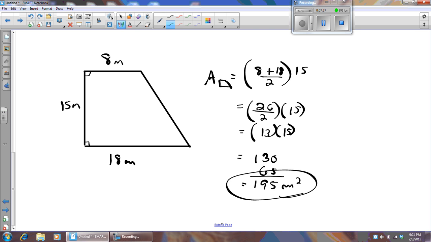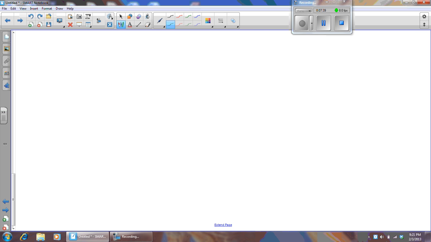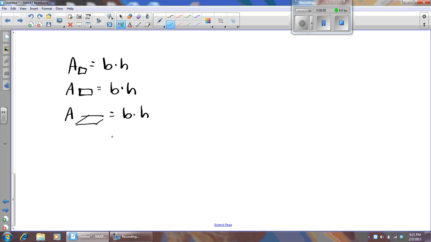So, remember, to find the area of a square, we do base times height. The area of a rectangle, what do we do? Base times height. The area of a parallelogram, right? It's still base times height, remembering that we need a right angle. The square and the rectangle give us right angles, but the parallelogram doesn't.